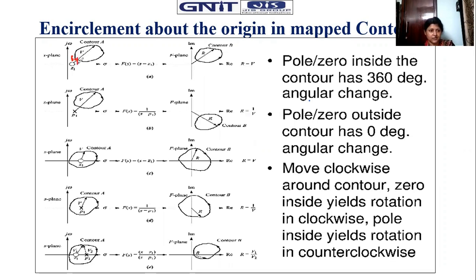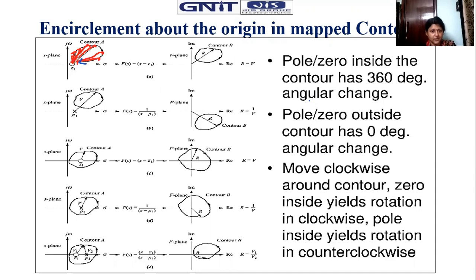Now let's move on. What we have to understand: suppose this is our contour A, and we are mapping that contour into the imaginary plane, which is our F plane. Suppose that Z1 is not included within this contour, so it is not enclosed.